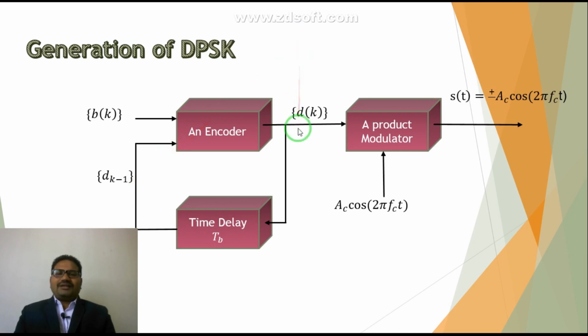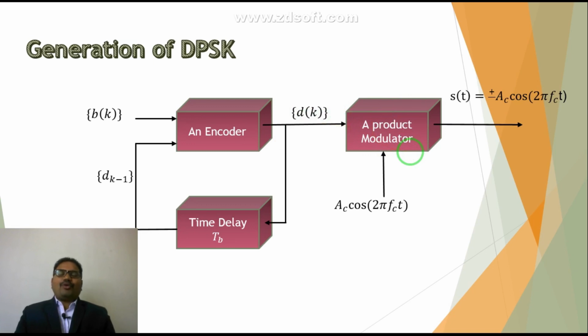So the delayed version of the encoded output and the input binary data are the inputs of this encoder, and the output of this encoder is one of the inputs of the product modulator.